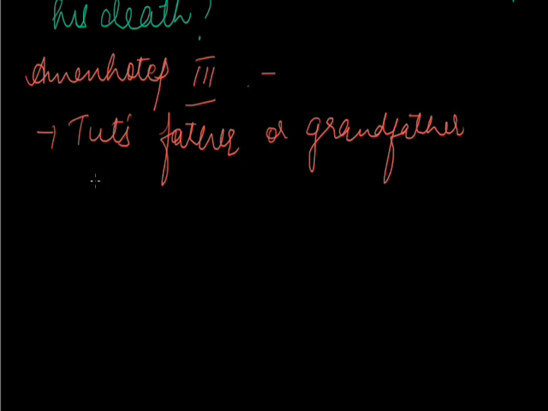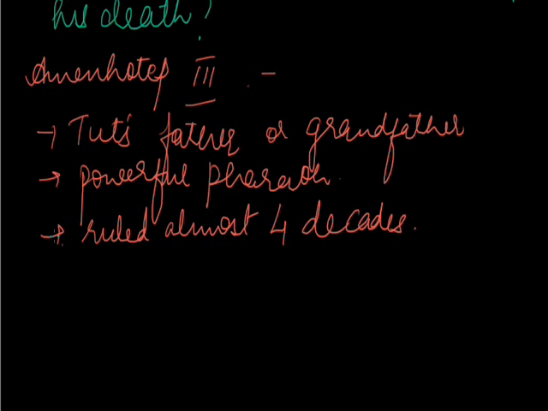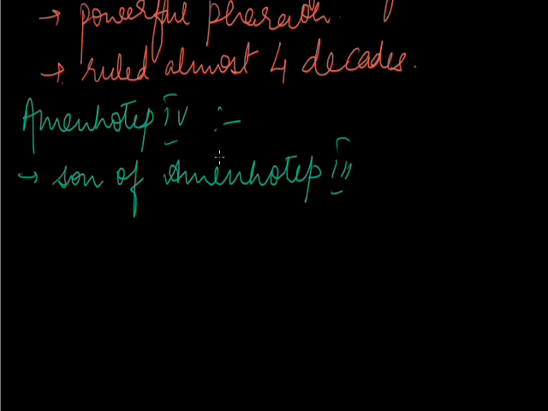Then a powerful pharaoh also, and he ruled almost 4 decades. Okay. Then who was Amenhotep IV? He was son of Amenhotep III.